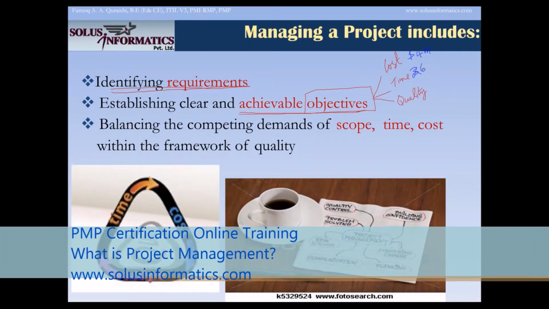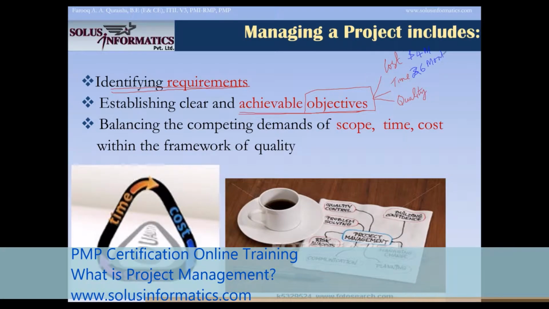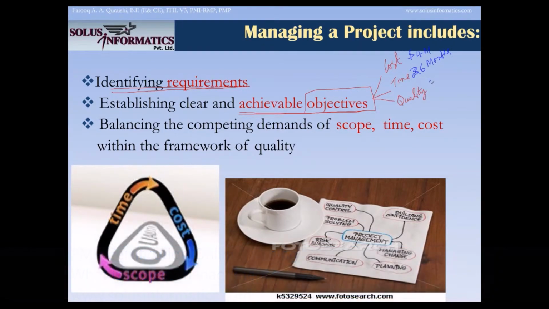Say the cost objective of this project is that this should be done in $4 million. And say the time objective is that this should be done in 26 months. And say the quality objective is that this is a 3 Sigma project. So what is 3 Sigma, 6 Sigma? We will talk about this in detail in quality management.